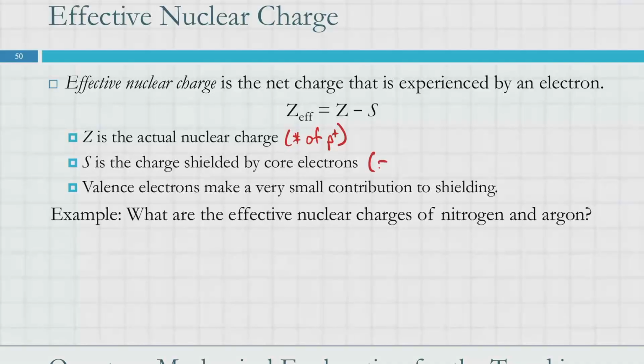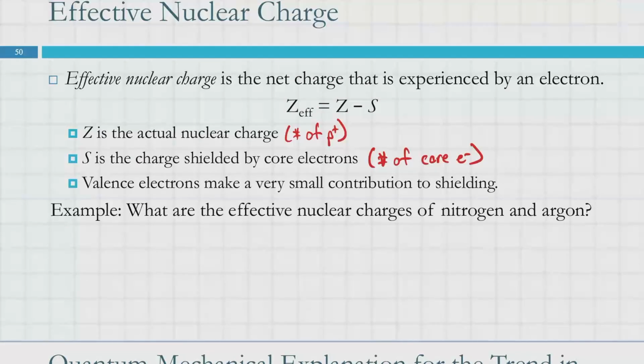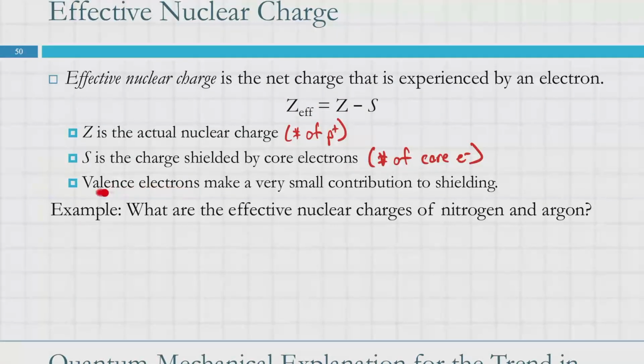S is the number of core electrons. So we take the number of protons minus the number of core electrons, and that tells us what the effective nuclear charge is. Our valence electrons, our outermost shell, do make a really small contribution to shielding, but it's not like whole number significance. So we're just going to use this effective nuclear charge instead.